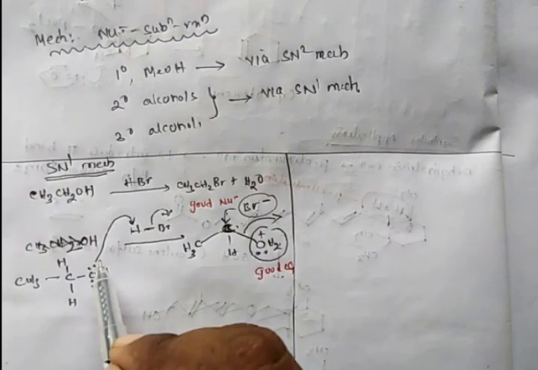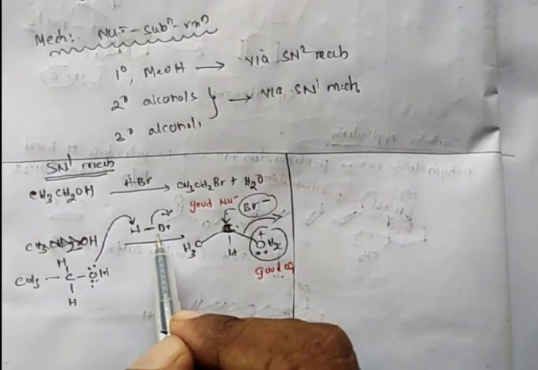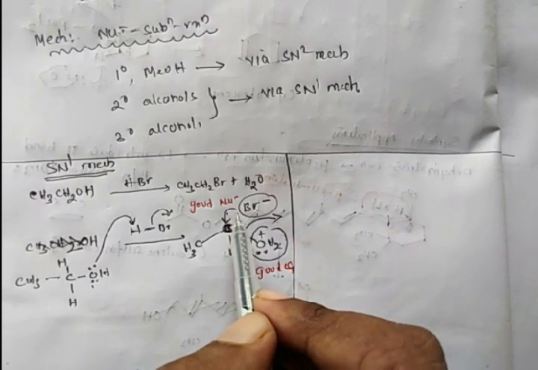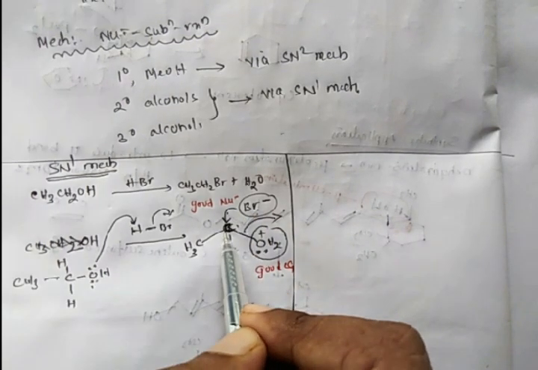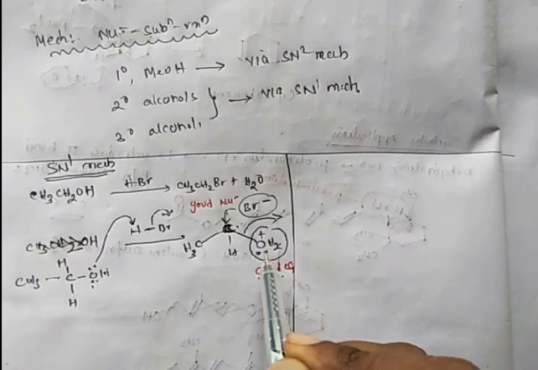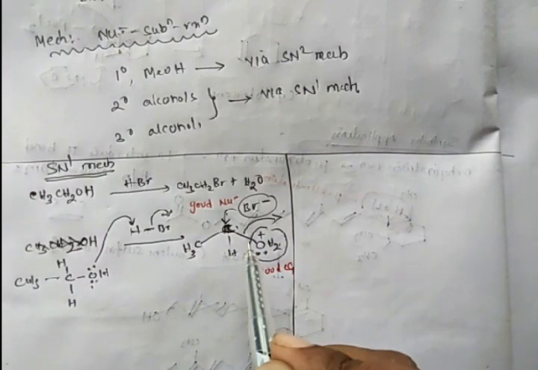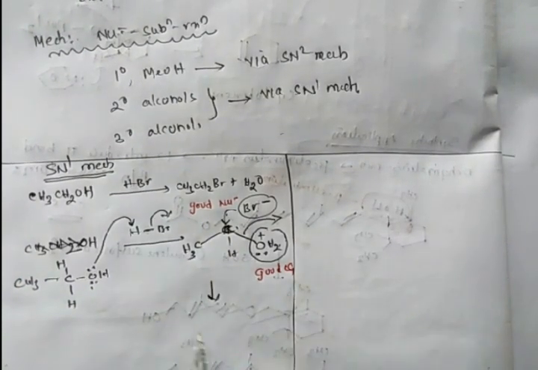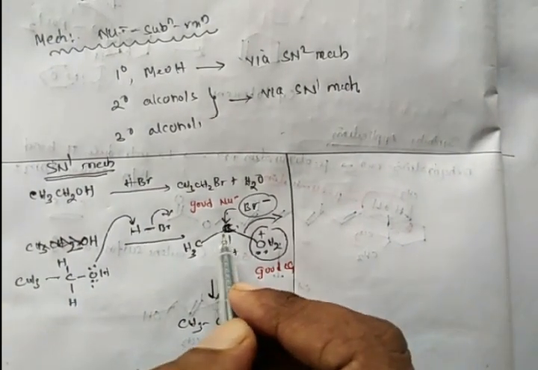So in the reaction medium, we have bromide, formed by attack of the alcohol on hydrogen bromide. When this bromide nucleophile attacks this carbon atom, the good leaving group OH2 moves away from this carbon atom and forms CH3CH2Br.